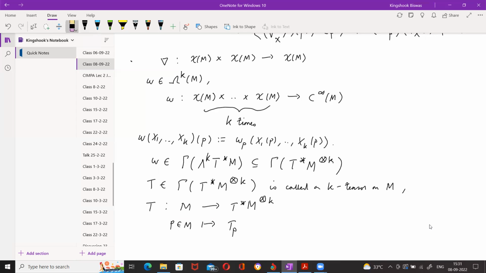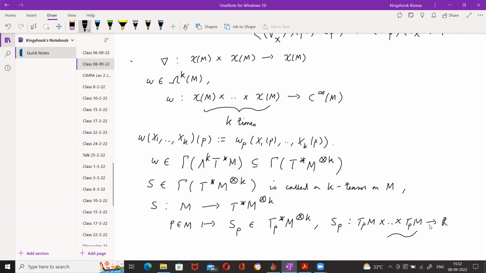Sorry, I shouldn't use T, so let me use S. S sub P is an element of T_P star M tensor K. What that means is S_P is a K multilinear function from T_PM cross ... T_PM to R, right?